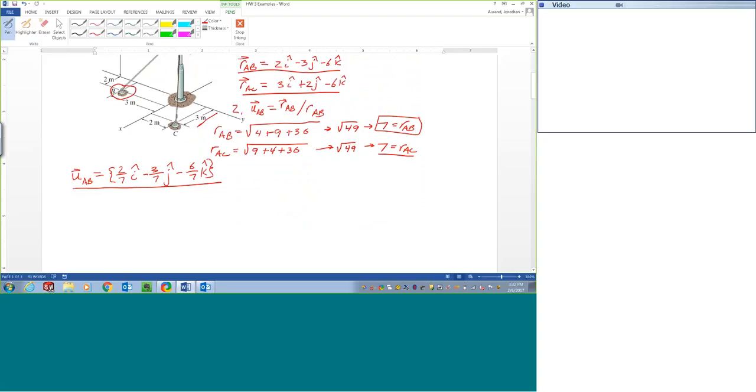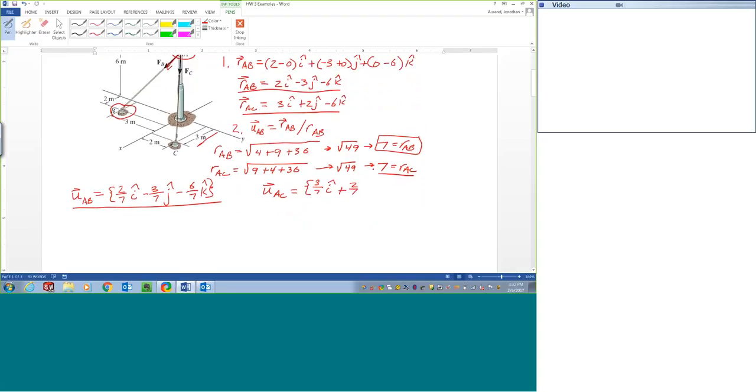And here I'll put UAC. It's going to equal 3 over 7 i plus 2 over 7 j minus 6 over 7 k. The other vector. So that's step 2.